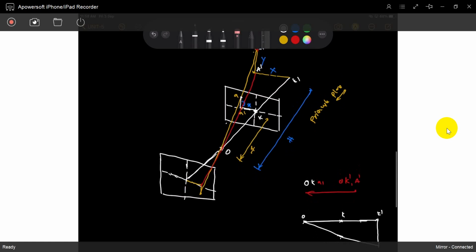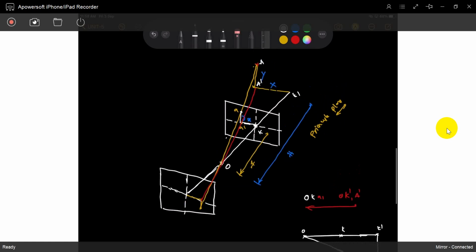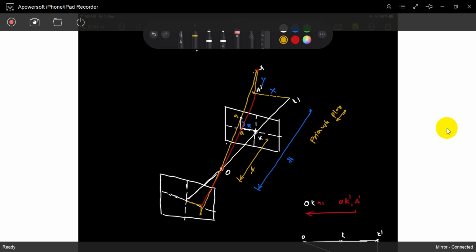This is K dash, A dash, sorry, small. This is A dash. You can call this also A. OK dash, O A dash, A dash.